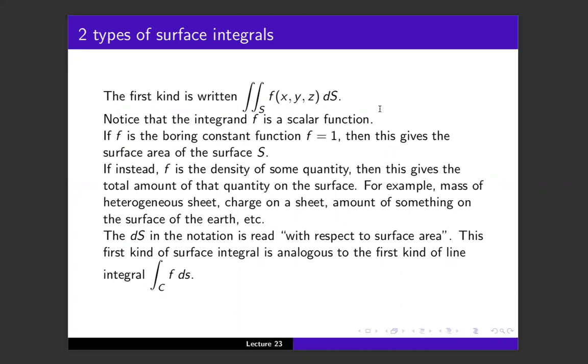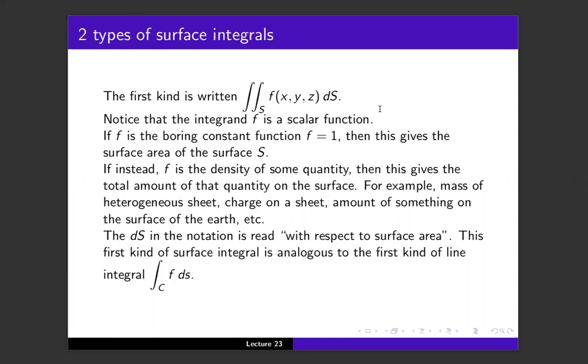So if you want to take a surface integral of a scalar function, well, what would that be? If your function is just the constant f equals 1, it turns out that that's going to be just the surface area of S. Some people actually define area that way, and we'll see what dS is in a little bit. On the other hand, if f is the density of some quantity, then what that tells you is the total amount of stuff that quantity has on the surface.